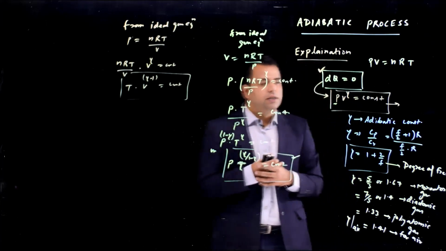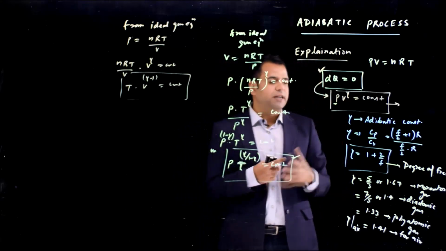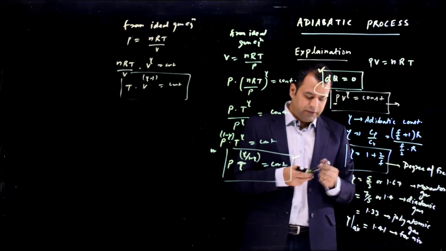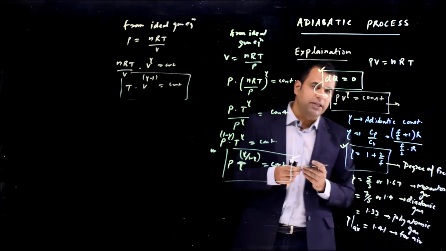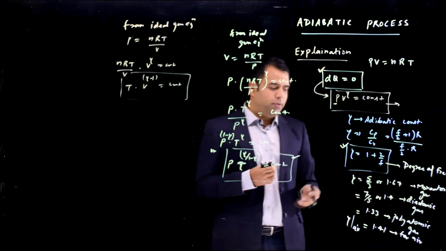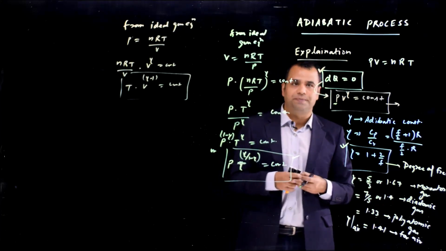And here gamma is defined as the adiabatic constant, and the value of gamma depends upon the degree of freedom. If you can memorize this equation, it's a good thing. If you keep changing the value of degree of freedom for monatomic, diatomic and polyatomic, you will get different values. And for combinations also, you can get the value of gamma.